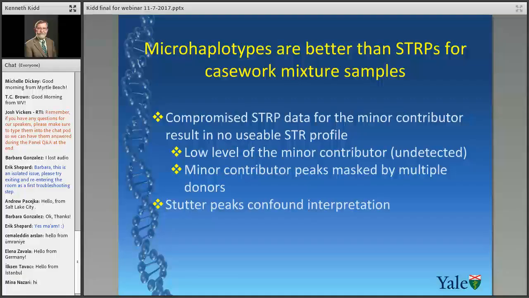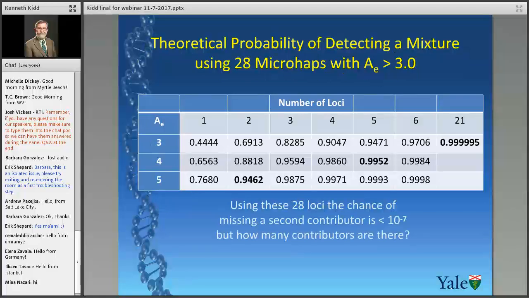So it does work. I'm not going to really talk about the STR polymorphisms, but they don't work as well with massively parallel sequencing in mixtures because stutter peaks confound interpretation.